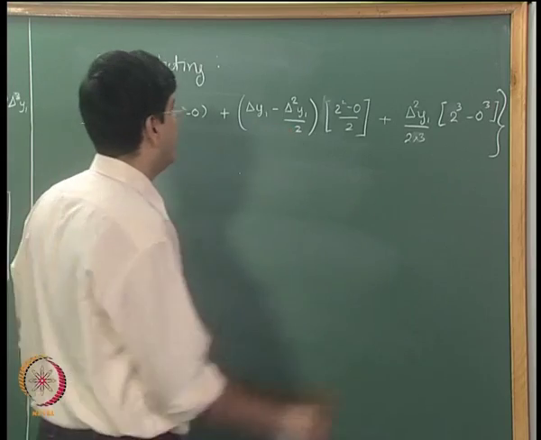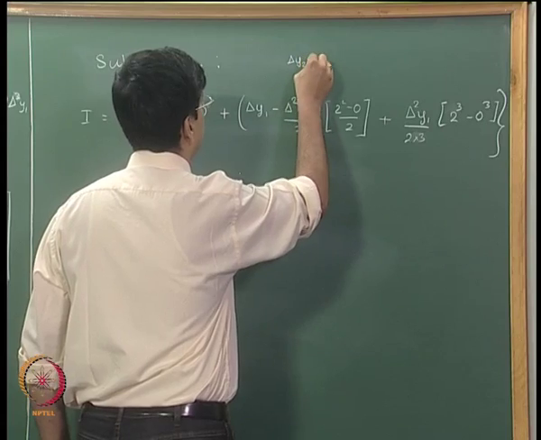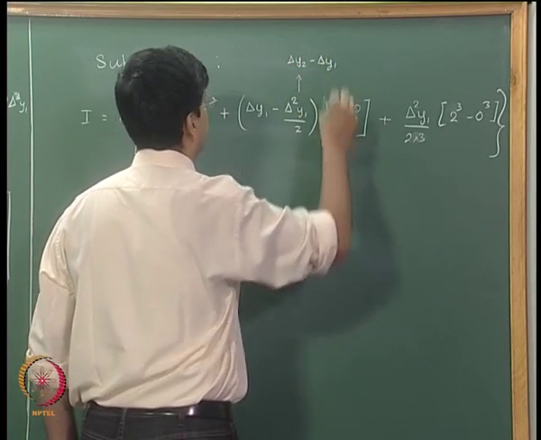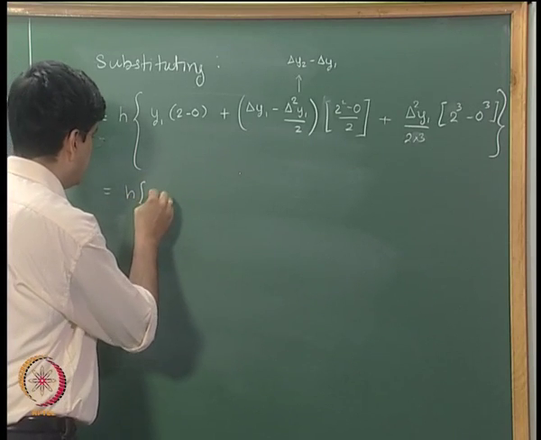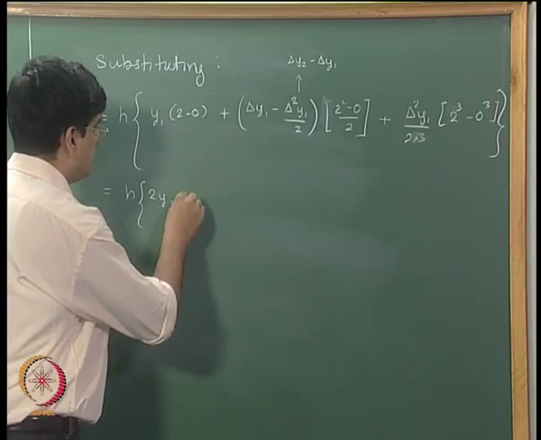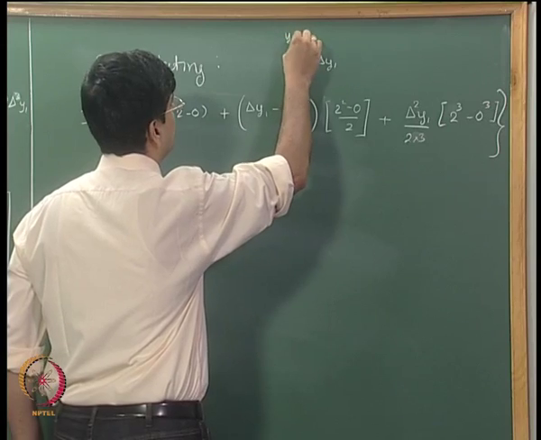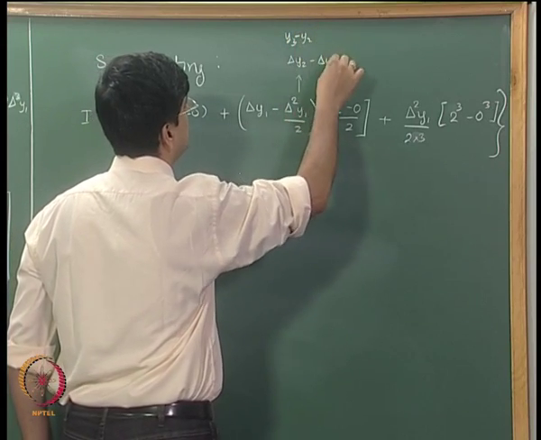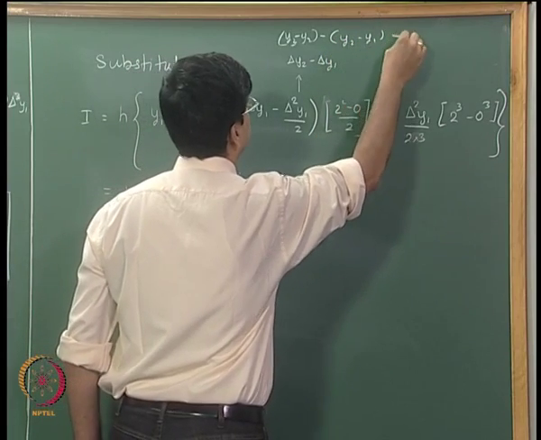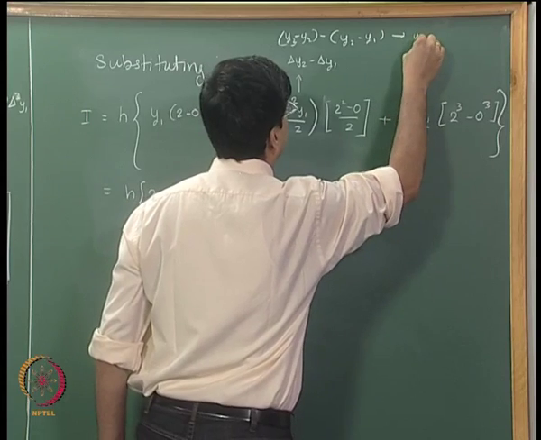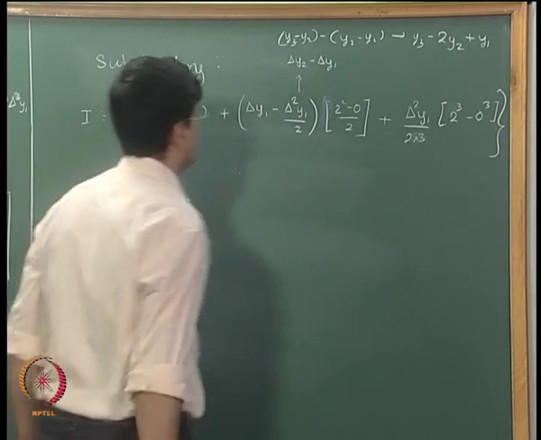Now, delta squared y1 is going to be nothing but delta y2 minus delta y1. So this is going to be h multiplied by 2 y1 plus delta y2, which is y3 minus y2, minus delta y1, which is y2 minus y1. So this is y3 minus 2 y2 plus y1. Okay.